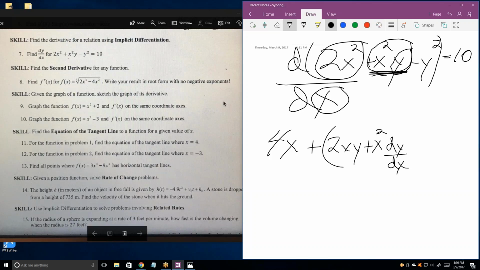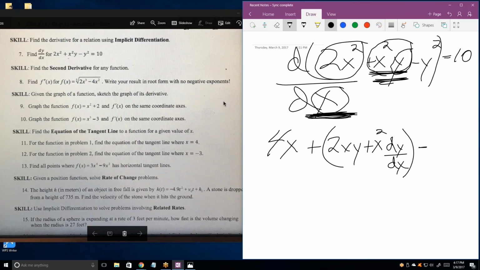So if you run into a variable that is not the denominator, you always have to follow it with the chain rule, the derivative of that new variable with respect to x. Okay. Now, put that in parentheses because we did the product rule for that.